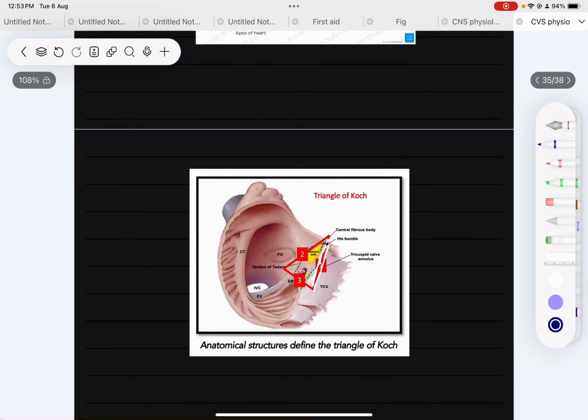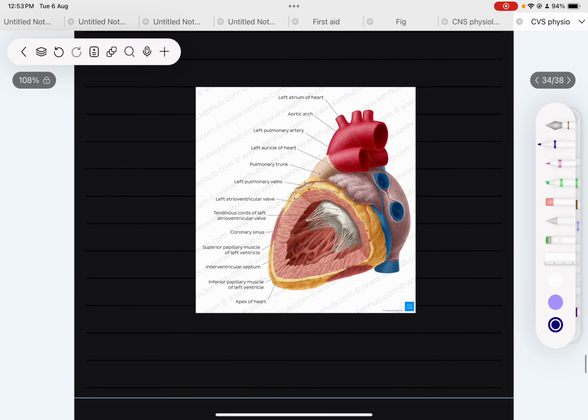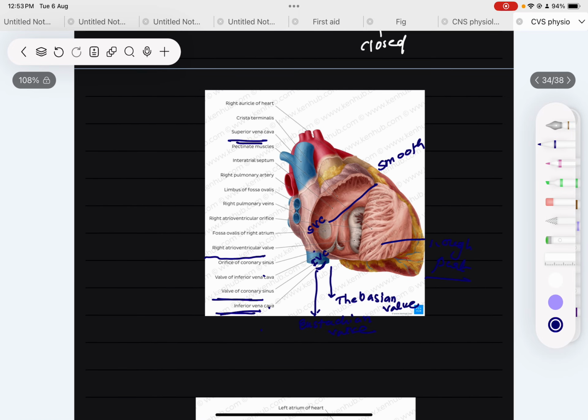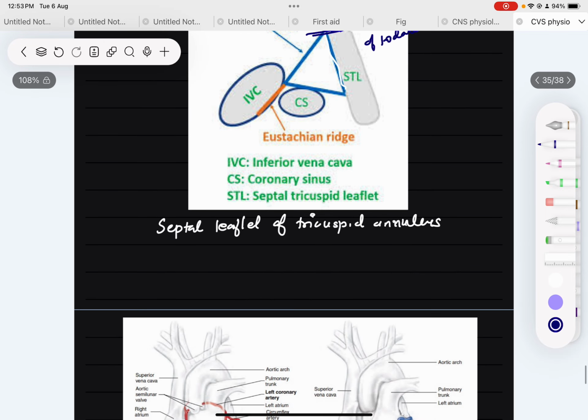This one, this. So this is septal leaflet, this is tendon of Todaro, and the third one is ostium of coronary sinus. So this is our boundary.